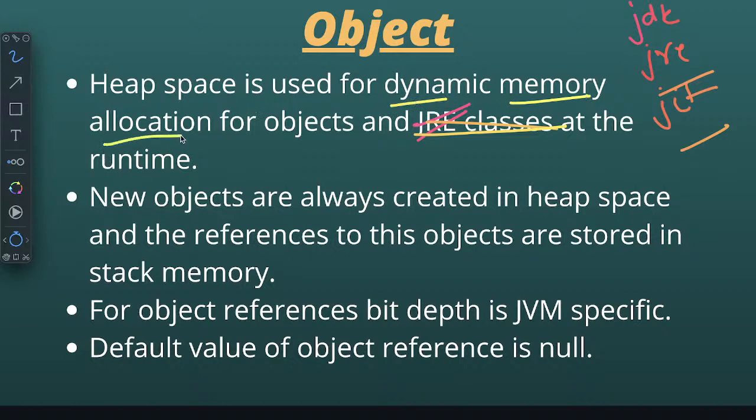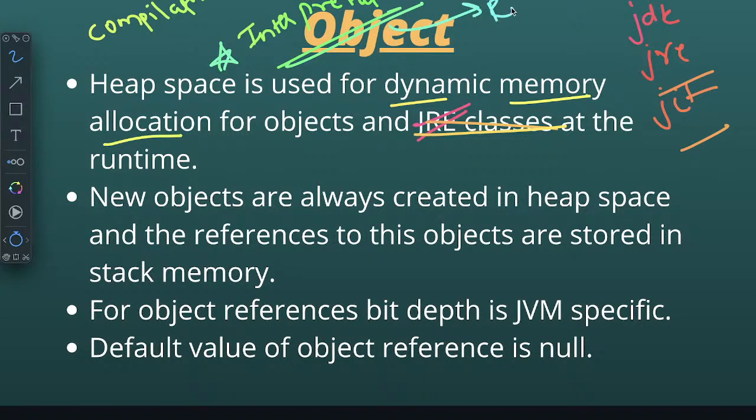So what do we mean by dynamic memory allocation? When we run a Java program, there are two phases. The first phase is compilation and the second phase is interpretation. The interpretation phase takes place when we run our Java file, and the compilation takes place when we just compile our file.